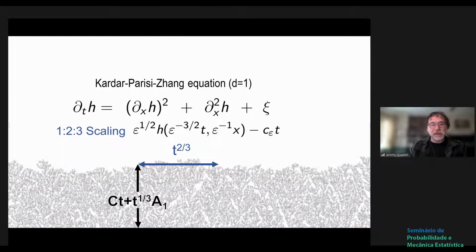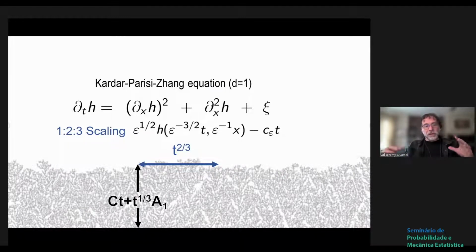Space is being scaled by epsilon^(-1), that's the 2, and then time by epsilon^(-3/2), that's the 3. So these are the ratios of the powers of height, space, time. And if you do that, that zooms out, and it says the height fluctuations at time t are about t to the 1/3. It's exactly the same thing. It's just saying it in terms of this epsilon zooming. So epsilon is the ratio of the microscale to the macro scale here.